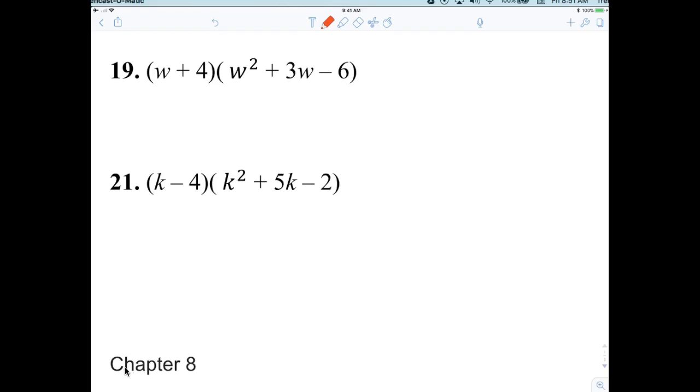W cubed plus 3w squared plus 6w minus 24? I got w cubed plus 12w squared plus 6w. I got w cubed plus 7w squared plus 6w minus 24.